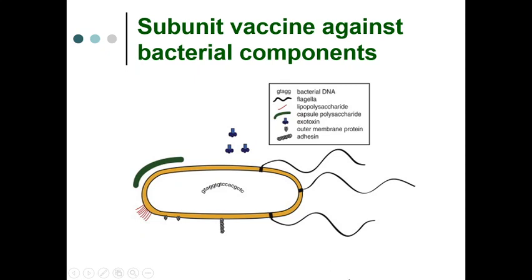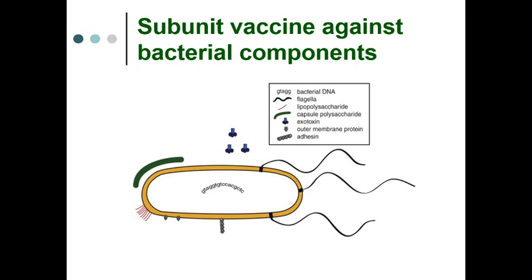Then some of the bacteria contain flagella, and the flagella is made up of a protein called flagellin, which becomes a strong candidate as an antigen for vaccine production. The exotoxins, we have already spoken about as toxoid. Exotoxins produced by the bacteria are also strong candidates for the vaccine.